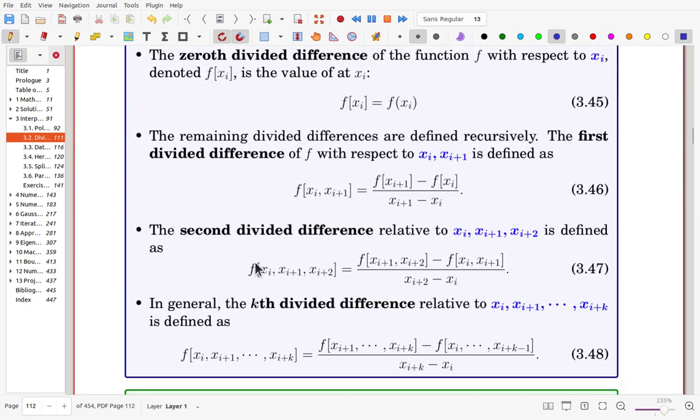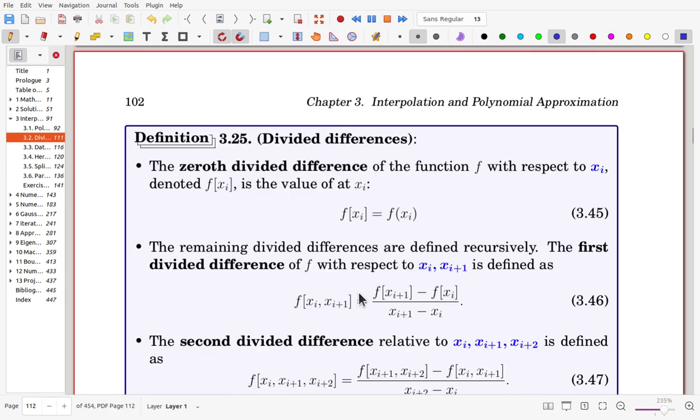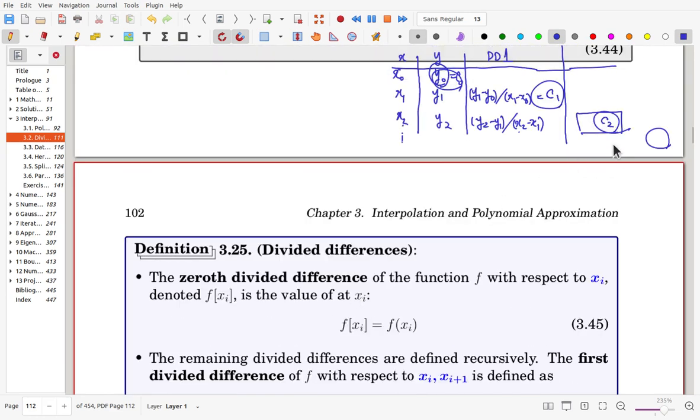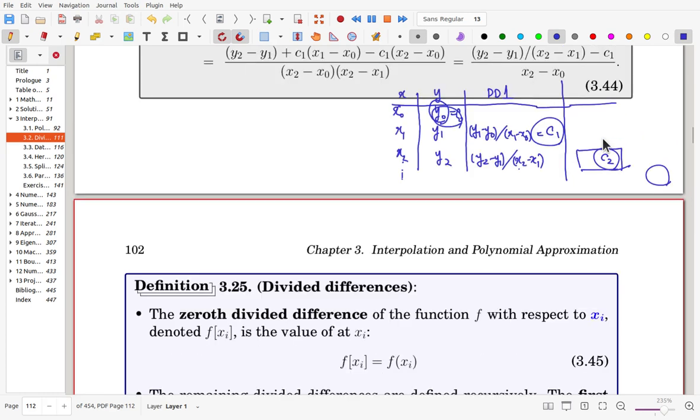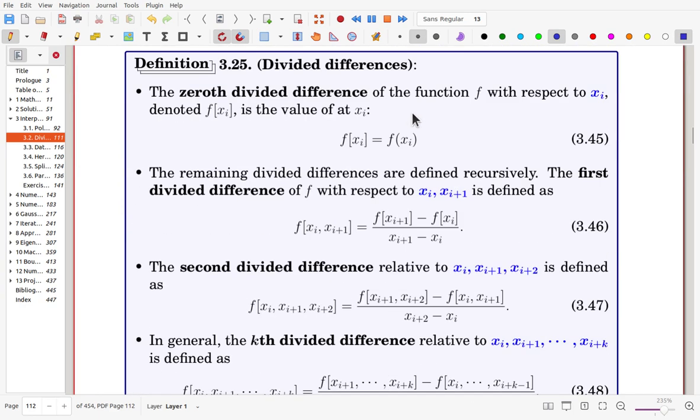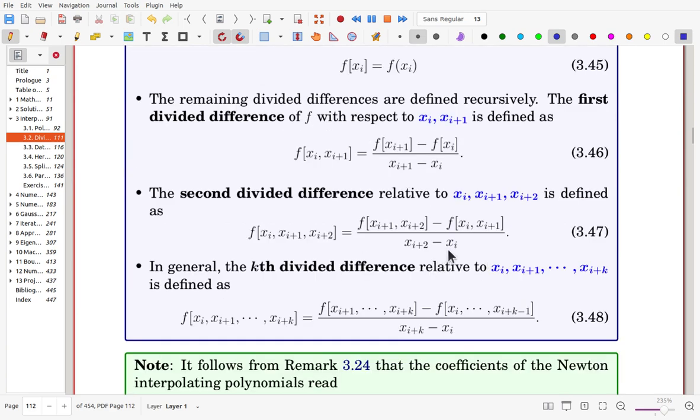Now the second divided difference with respect to three points is defined in this way, with respect to x0, x1, x2. The second divided difference is this one. That is, these two divided by that value. So that is exactly this one.